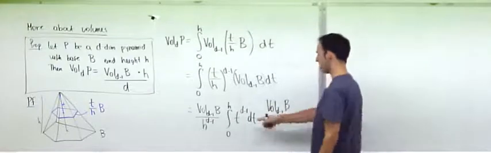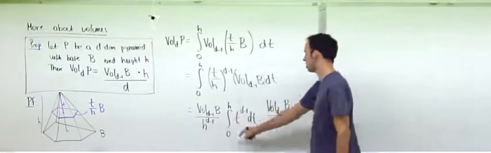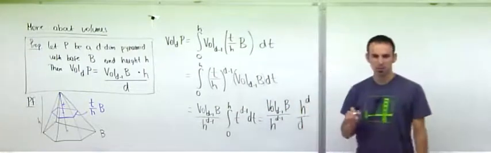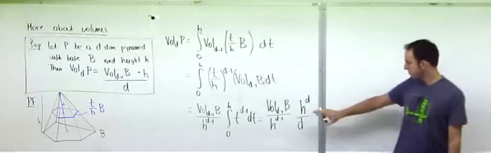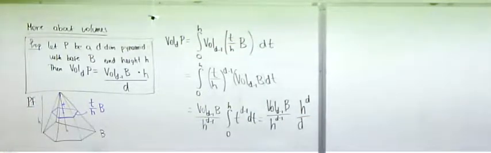That's just t to the d over d between h and 0. So that's h over d to the d. And then h over d divided by h over d, h to the d over h to the d minus 1 is just h. So we get the formula.